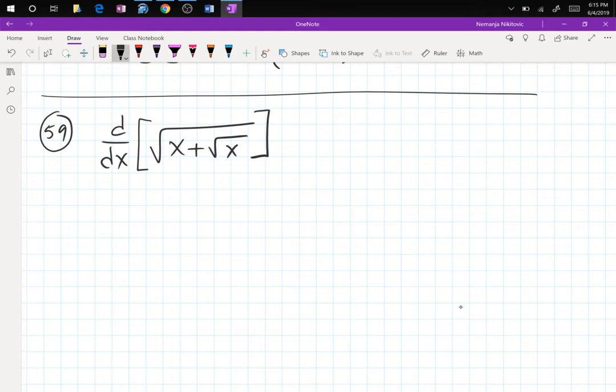Did anyone change all of these roots into halves and then try to do anything? You did? Alright.